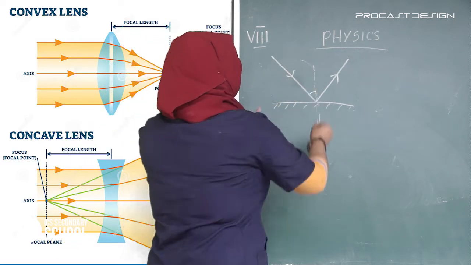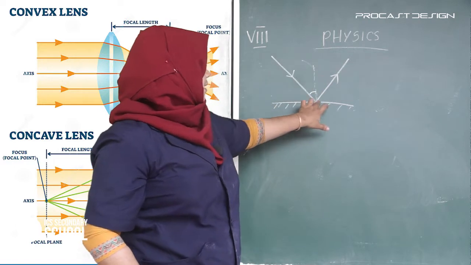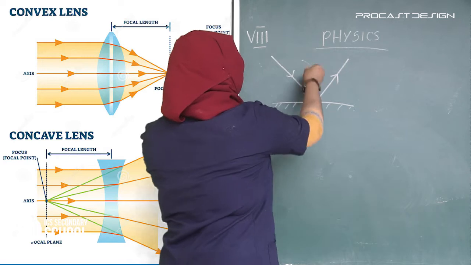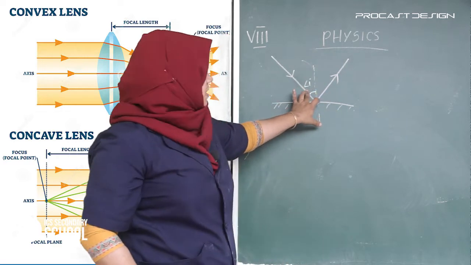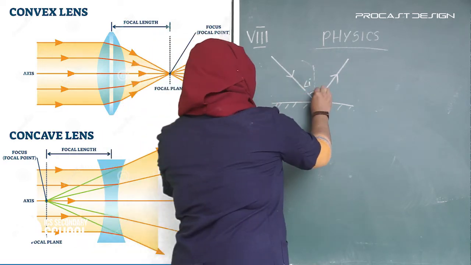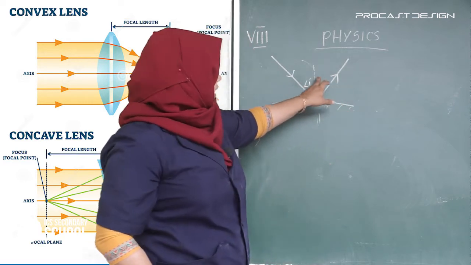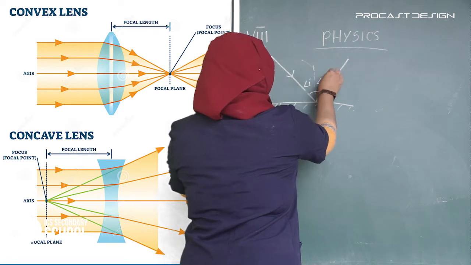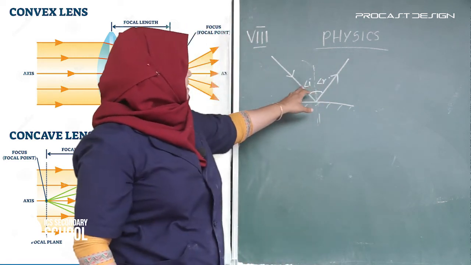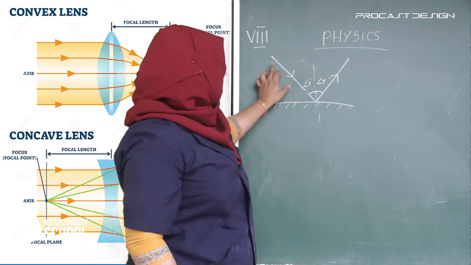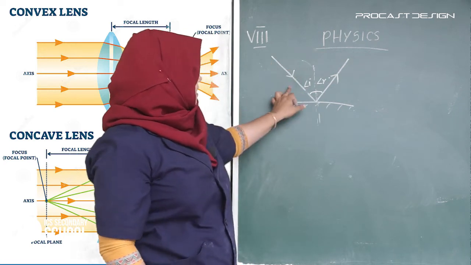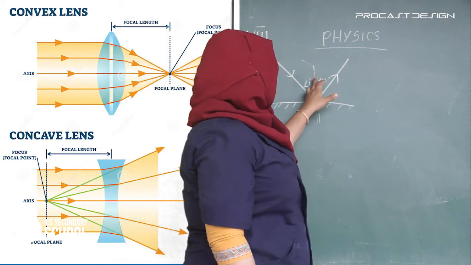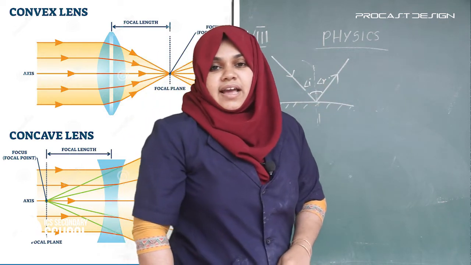The angle between the reflected ray and the normal is the angle of reflection.